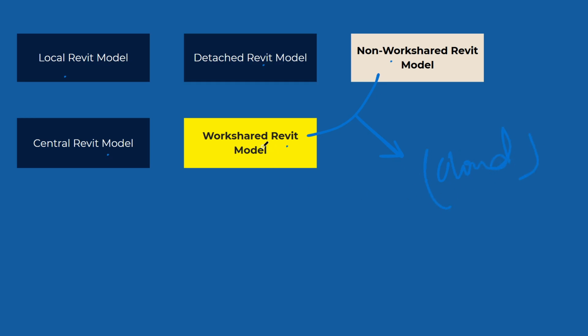This is the workshared Revit model, which we generally work on. When you work on any design project in Revit, you generally work on this workshared model, and non-workshared Revit models are just drag and drop. We'll see the difference between these models.